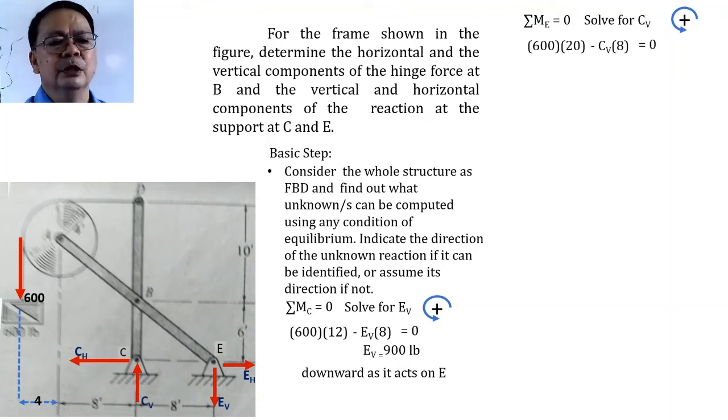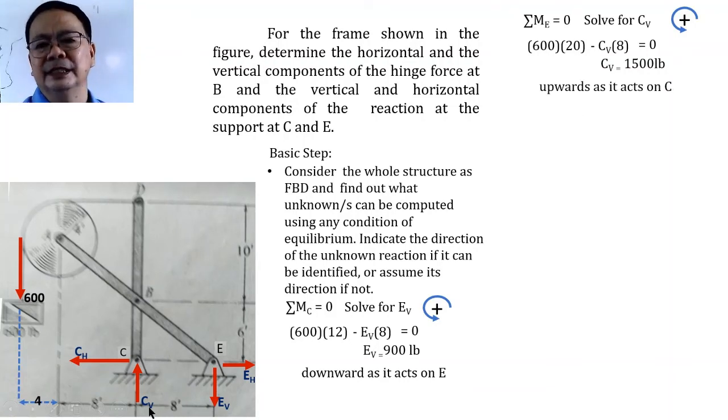And all of this, when summed up, must be equal to 0. So that when this will be simplified, we can compute for C sub B, which is equal to 1,500, and directed downward, C sub B is here and directed upward as it acts upon C.